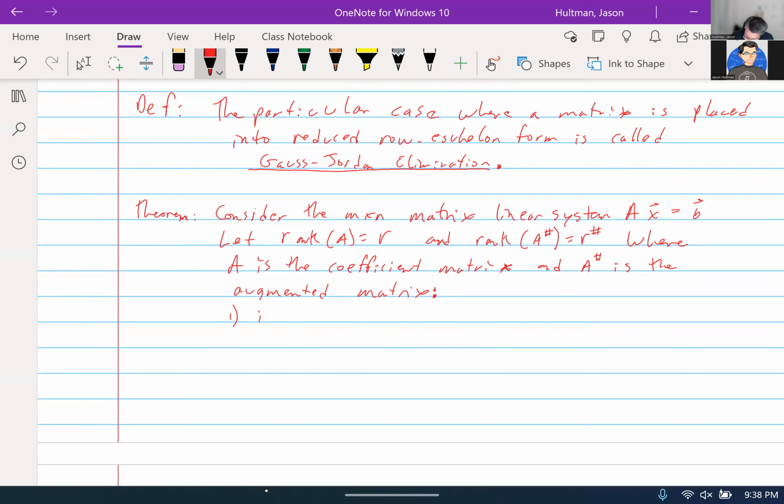If R is less than R pound, the system is said to be inconsistent, and it has no solution.